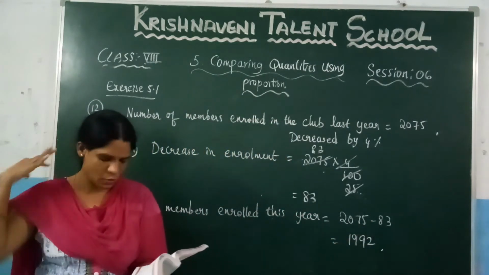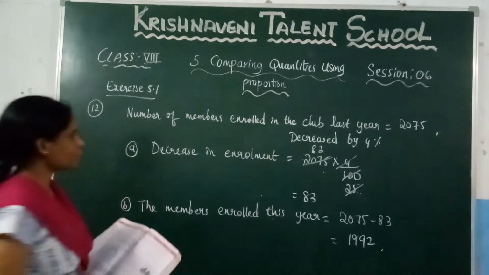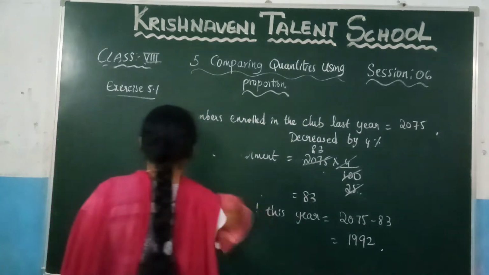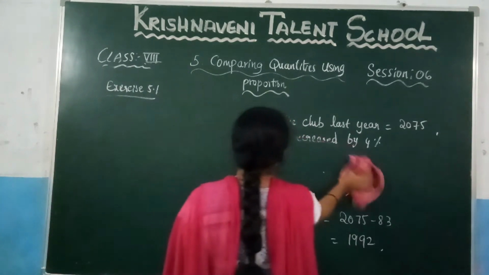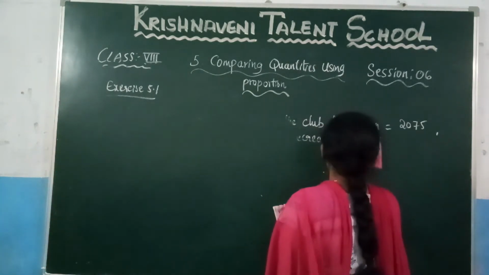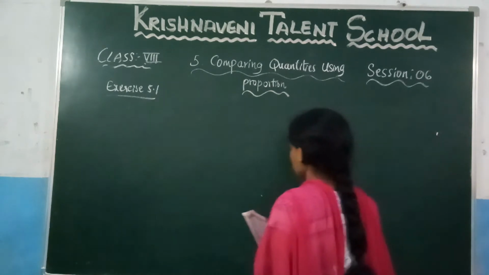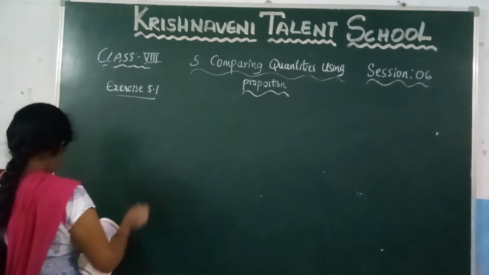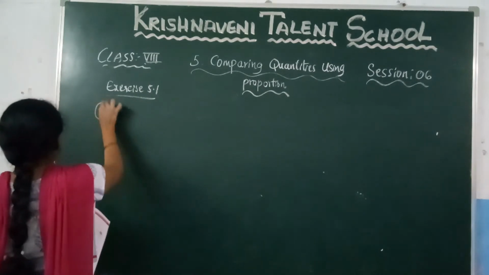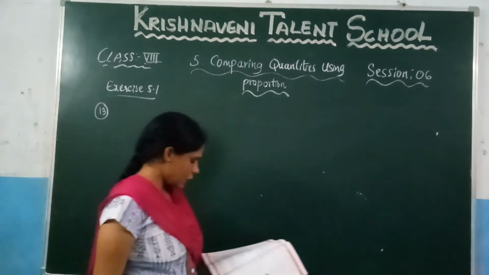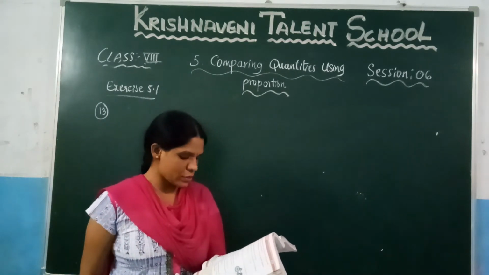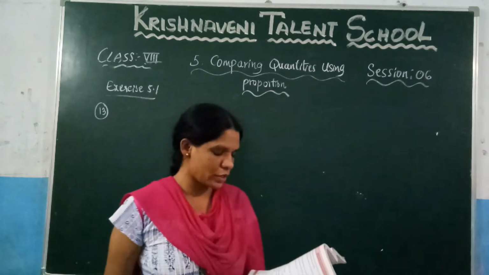Now go for the next problem. Here 13th question. What is the 13th question given here? A farmer obtained a yielding of 1720 bags of cotton last year.